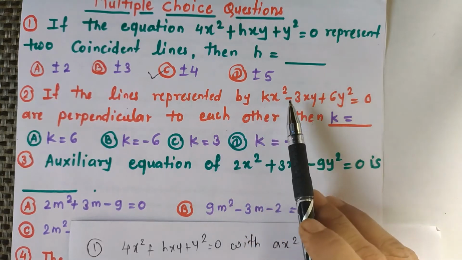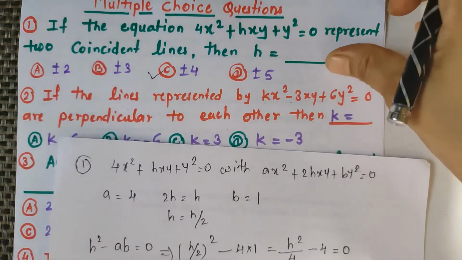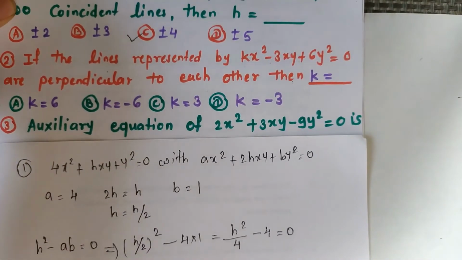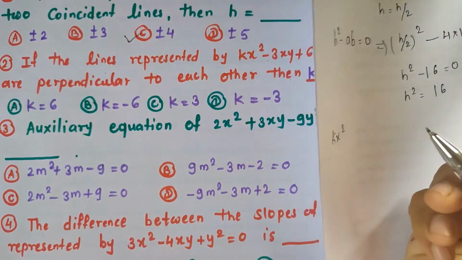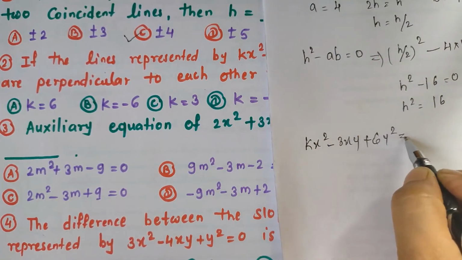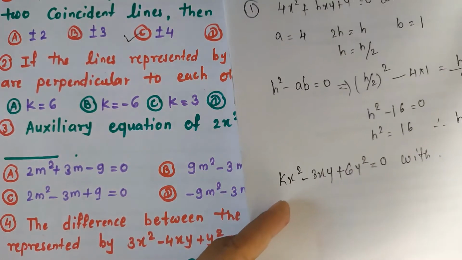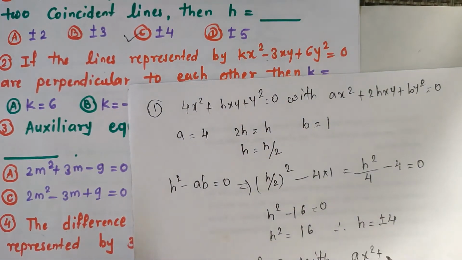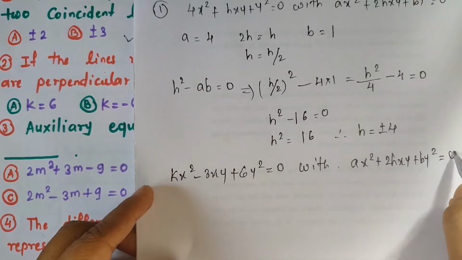So first compare this equation with the homogeneous equation. Comparing this equation kx square minus 3xy plus 6y square is equal to 0 with the homogeneous equation ax square plus 2hxy plus by square is equal to 0.